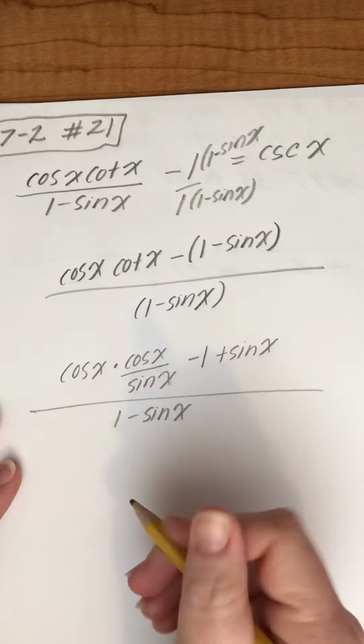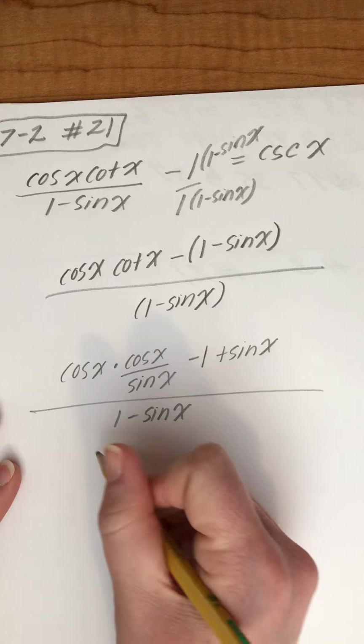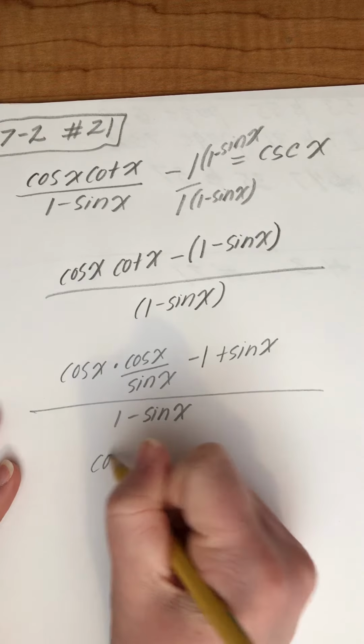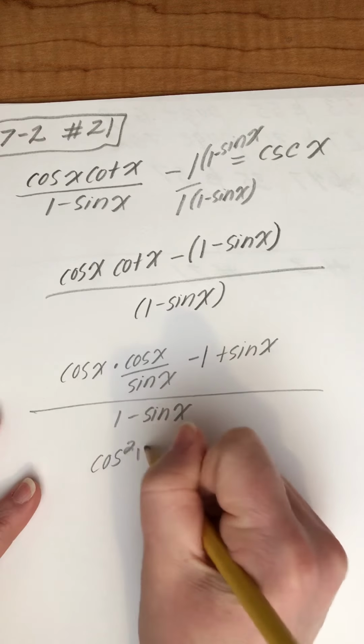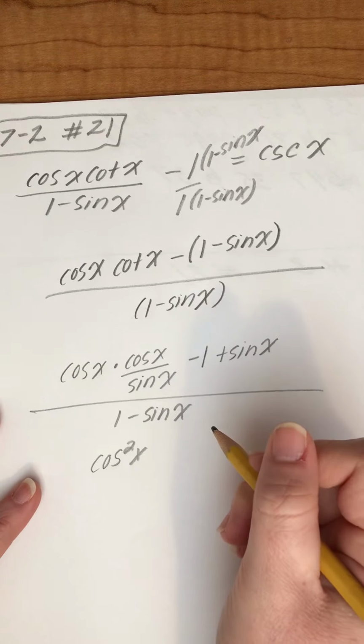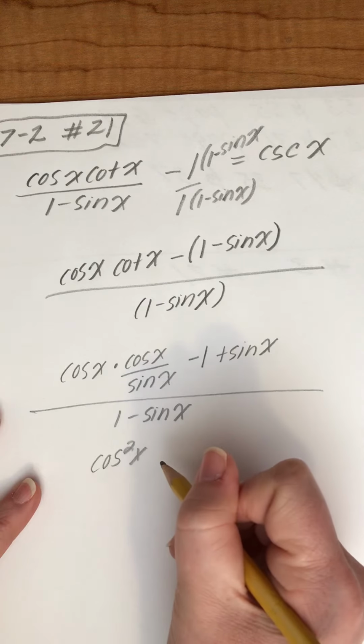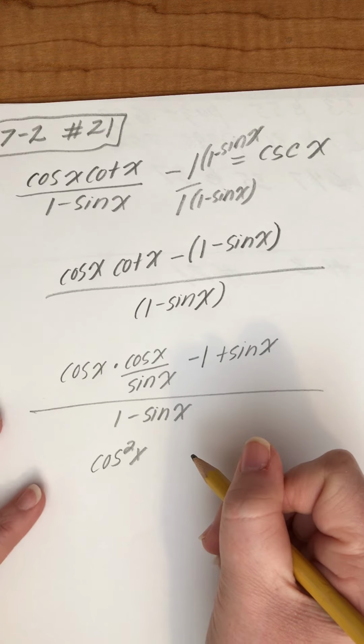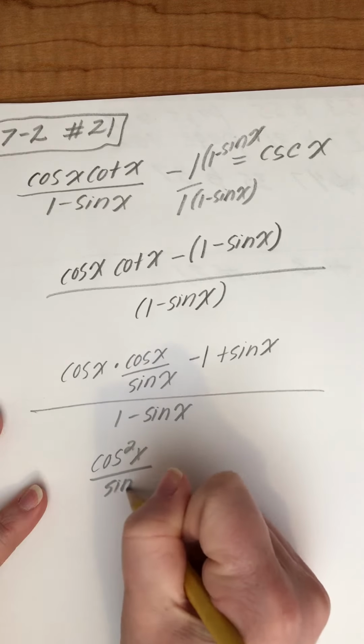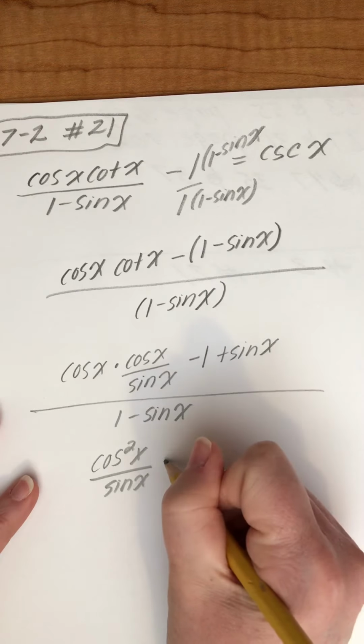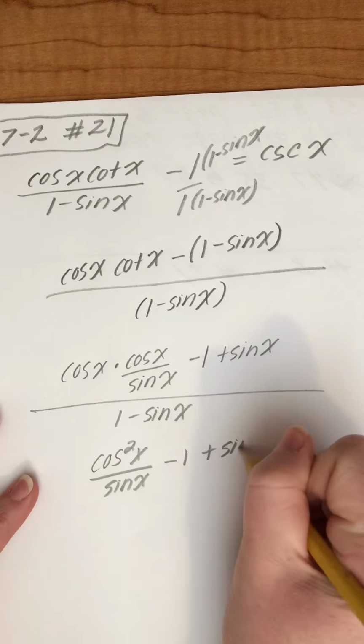Okay, so this is going to become cosine squared. Interesting. So then we have cosine squared x over sine of x. Then we have minus 1 plus sine of x.